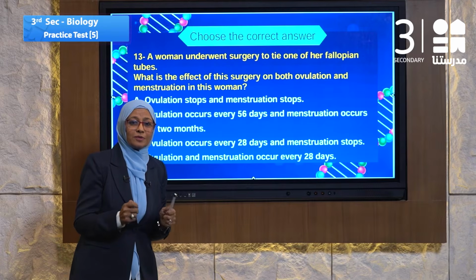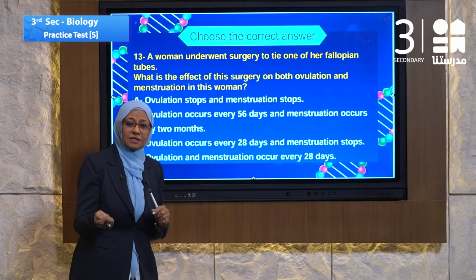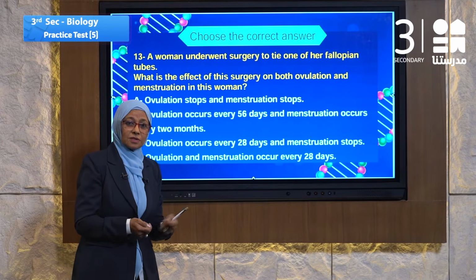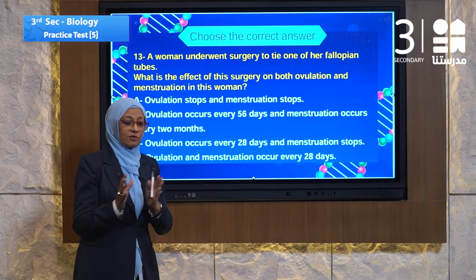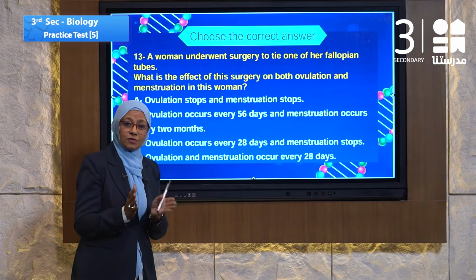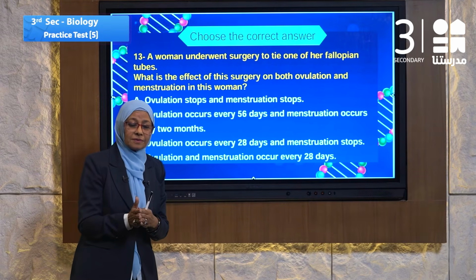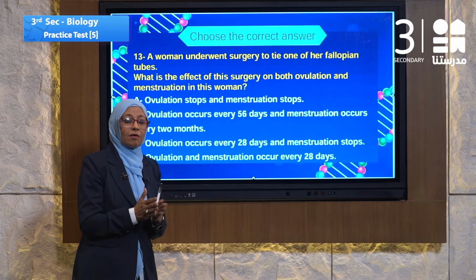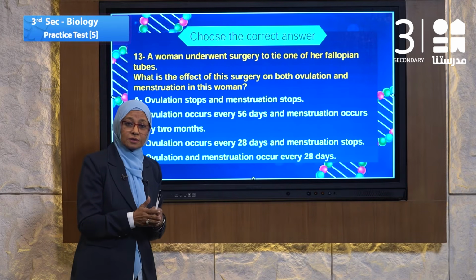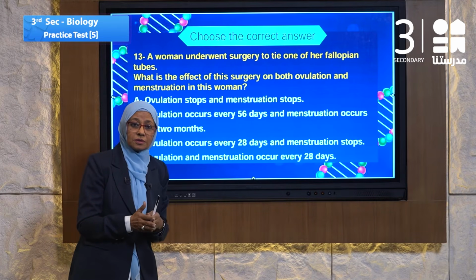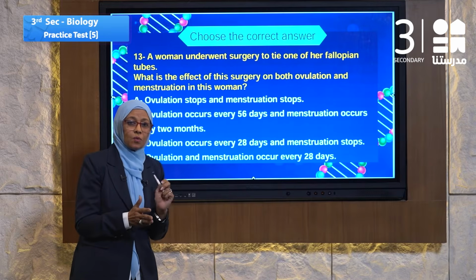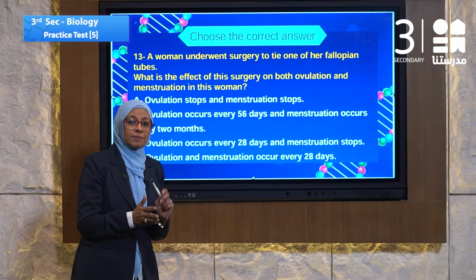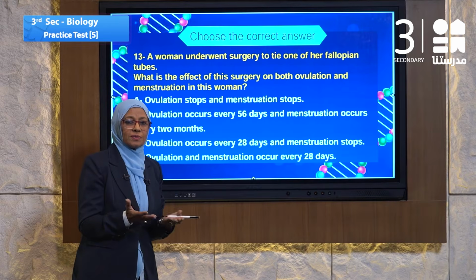We tie the fallopian tube, which connects the ovary and the uterus, so there is no effect on the ovary. Ovulation is done. When the ovary works, the two ovaries make ovum. At what time do they make ovum?